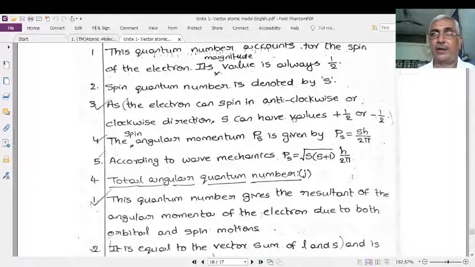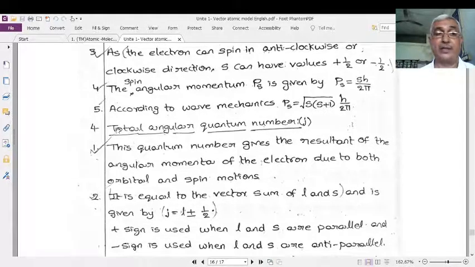When an electron possesses orbital motion and spin motion, that is, the orbital quantum number and spin quantum number, they are vectors. Their addition is also another vector, which is known as the total angular quantum number. The simultaneous existence of these two motions results in another vector, which is the vectorial addition of L bar and S bar.